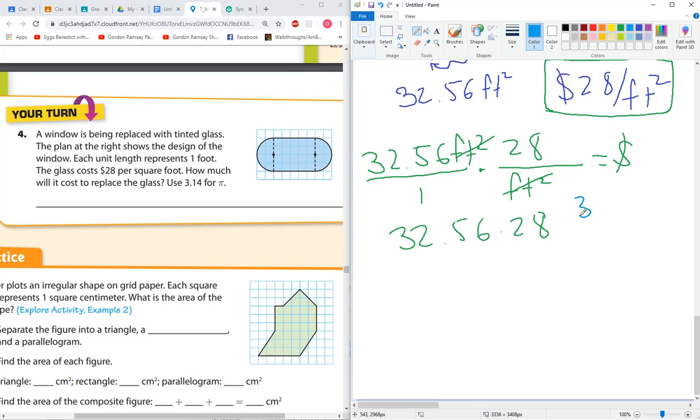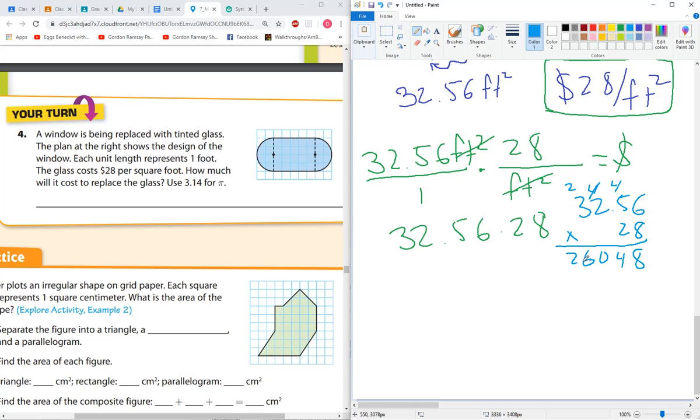So 32.56 multiplied by 28. 8 times 6 is 48. 8 times 5 is 40, plus 4 is 44. 8 times 2 is 16, plus 4 is 20. 8 times 3 is 24, plus 2 is 26.